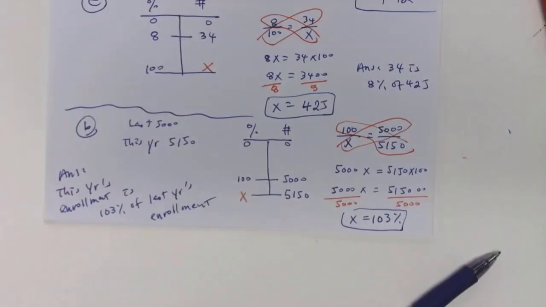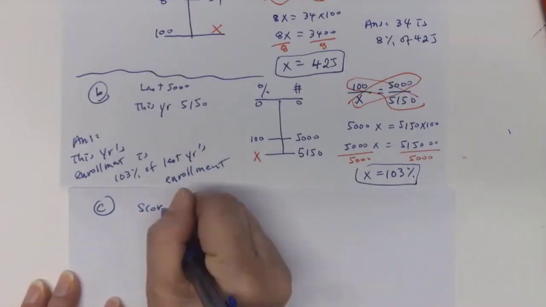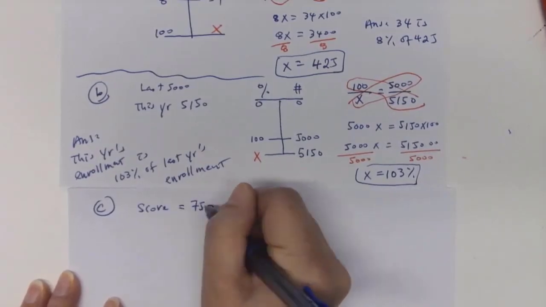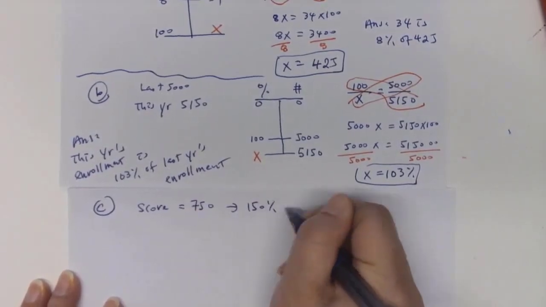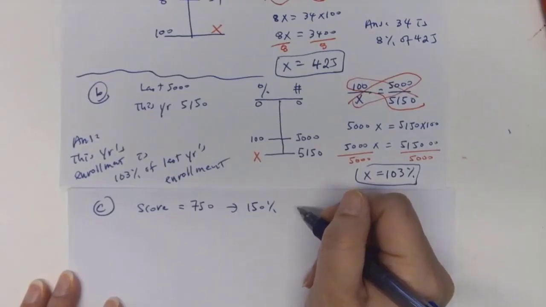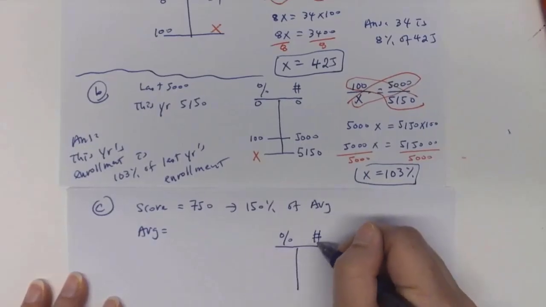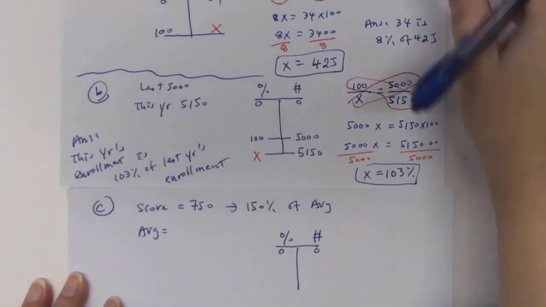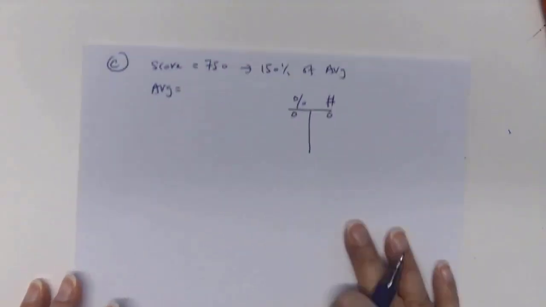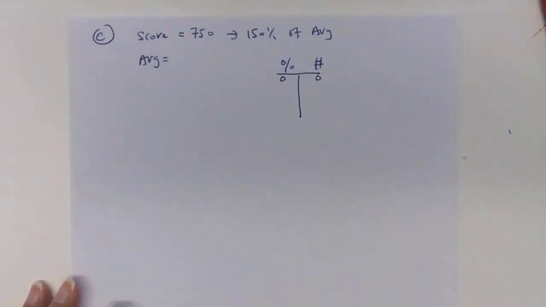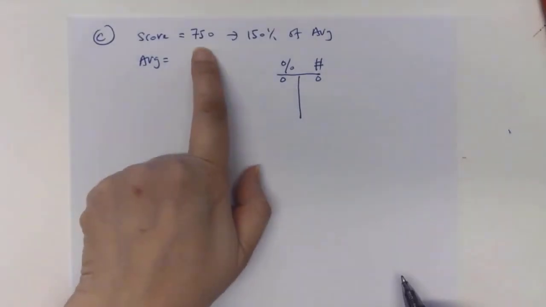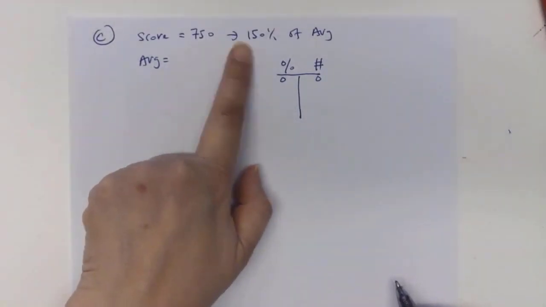Is that okay? I want you to look at the last one and see if you can solve that question, which is C at the bottom. One side percent, one side number, both sides start with 0, right? What can I put down on the percentometer? We know Mandy scored 750, which is 150% of the average.